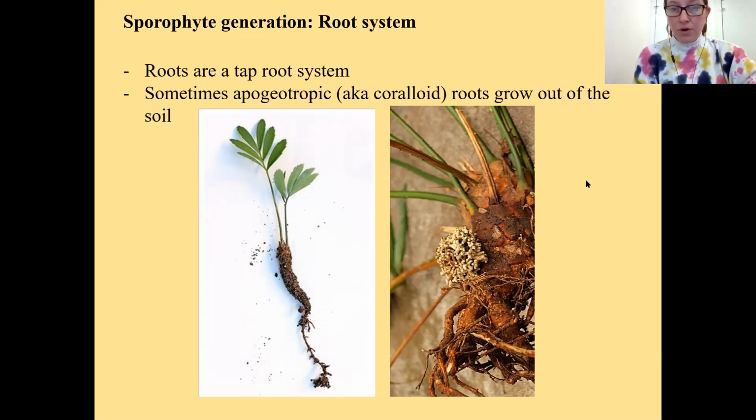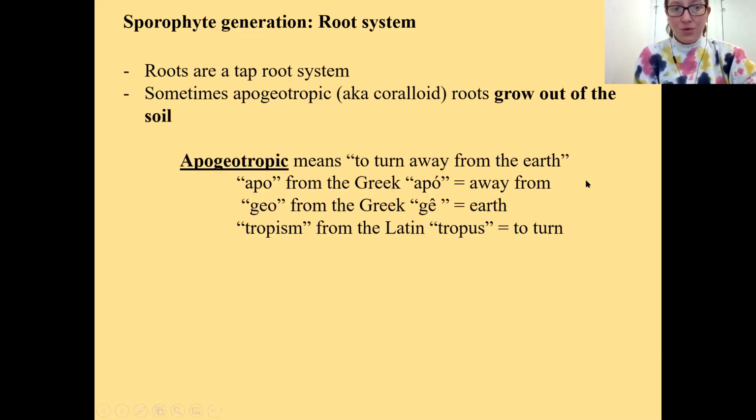So why do I like the word apogeotropic? Because it tells you what's happening in the word. Apogeotropic means to turn away from the earth, or grow out of the soil, away from the earth. Apo comes from the Greek apo, which means away from. Geo comes from the Greek word that means earth.